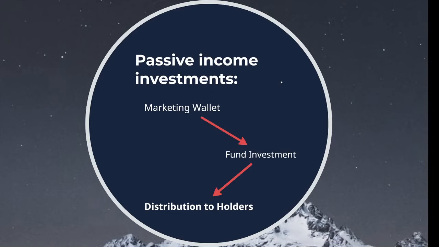At one point, the fund will start to generate a lot of yield, especially with growing size. Since it's long-term dedicated, it will start to generate a lot of yield. Parts of the yield will be distributed to our holders.